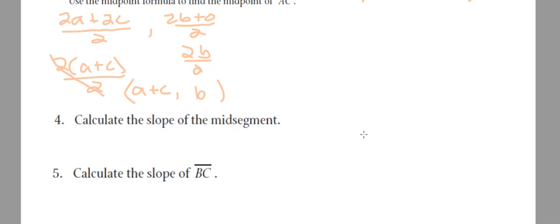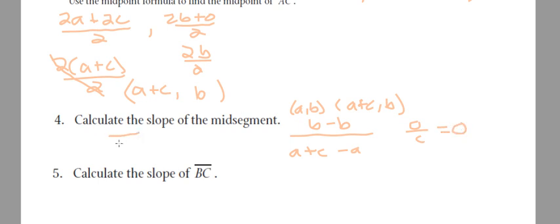I've got D at (a, b) and E at (a plus c, b). So I would get b minus b over a plus c minus a, which is 0 over c. Well, 0 divided by c is 0. So the slope of DE is in fact 0.